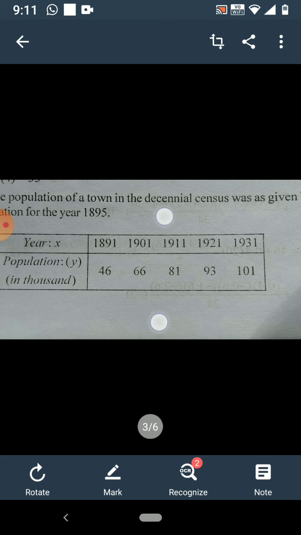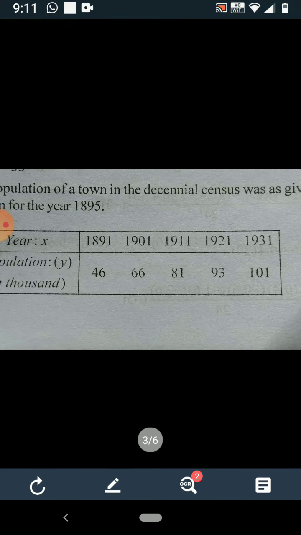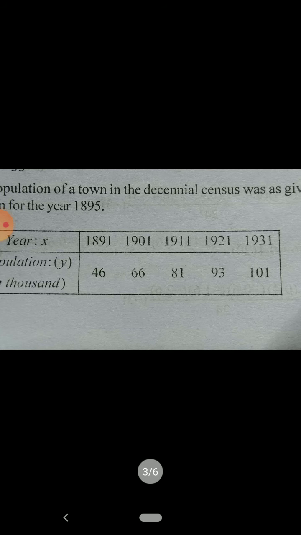We have to estimate the population for the year 1895. This lies in between the given series, and therefore we have to find an interpolation. It is a problem of interpolation, not extrapolation.